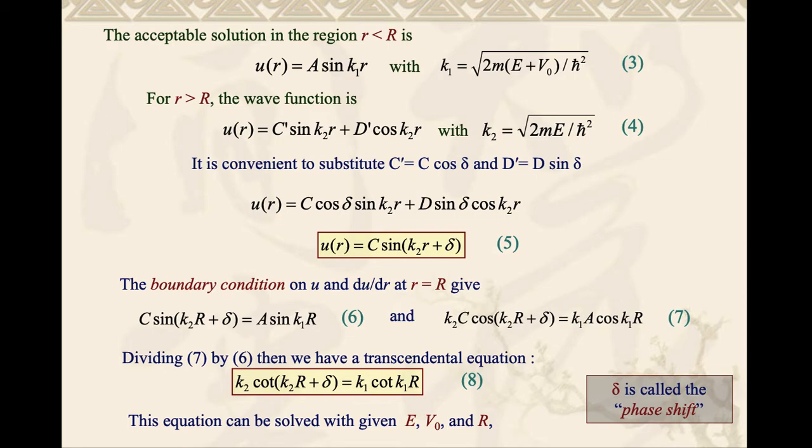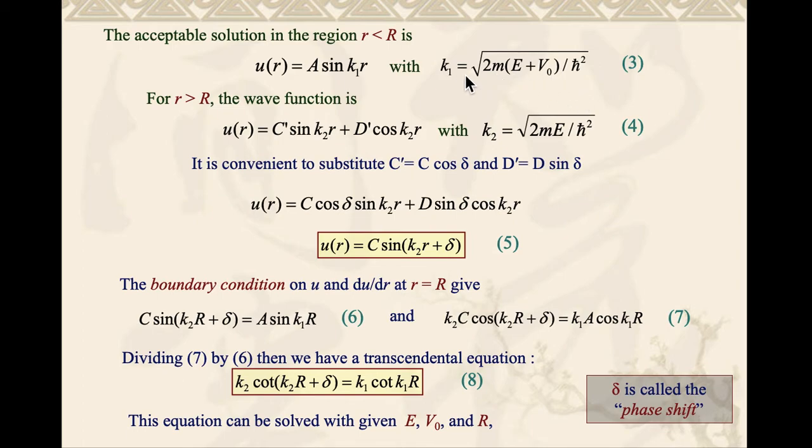And when it is attractive, this V0 is negative. And with V0 negative, this is the equation, which we have already done with VR as minus V0.